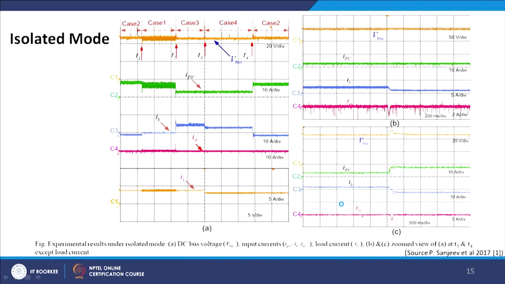Now, in case of isolated mode, we can clearly see my grid is actually absent. So, when my grid is not there, that means both the C6 as well as C7 are not present, because the grid is not available to me, and it is just within the microgrid that we have captured the DC bus voltage, and then we can see the PV current as well as battery current, alter capacitor current as well as load current.